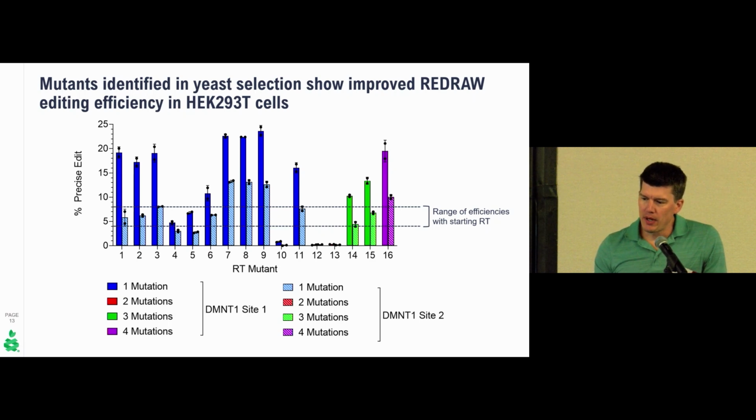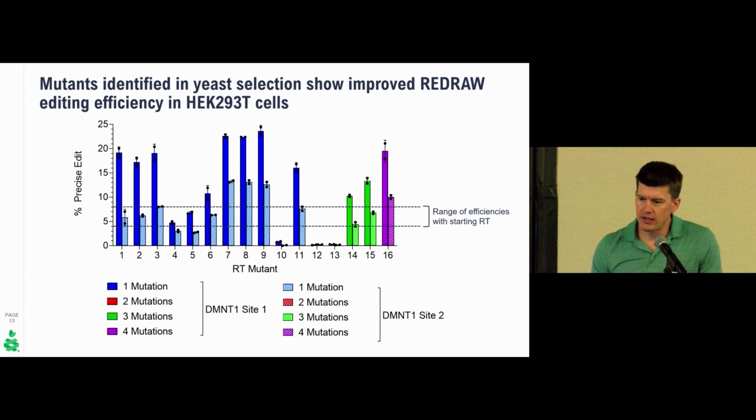What we're comparing here is 2 different target sites at the DNMT1 locus in the human genome. The solid color shows site 1 and the stripes show site 2. We're comparing them to the dashed horizontal lines. The top one shows the activity of the starting reverse transcriptase at site 1, and the bottom one is at site 2.